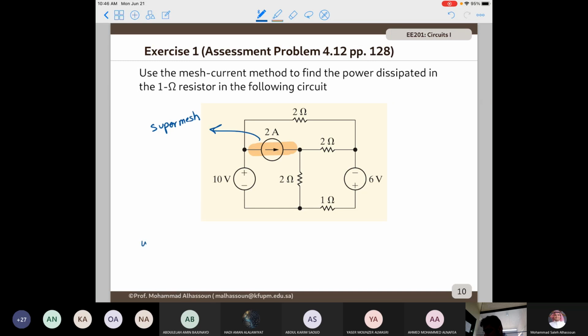So we have a current source. So let me just write it down. So we can use the super mesh technique or approach.